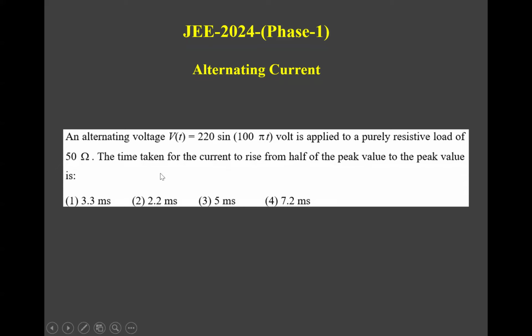The time taken for the current to rise from half of the peak value to the peak value is? Options are: 1) 3.3 millisecond, 2) 2.2 millisecond, 3) 5 millisecond, 4) 7.2 millisecond.